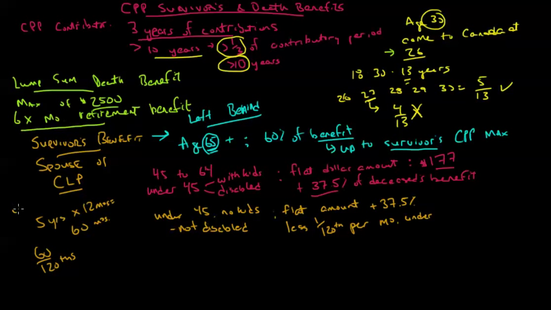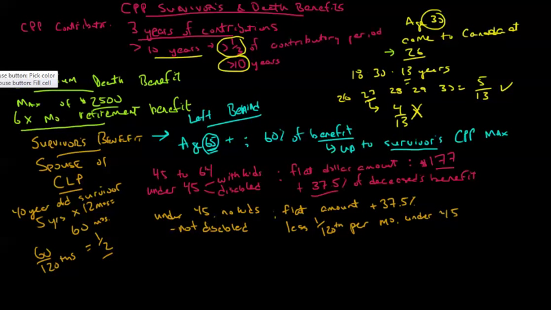So if you leave behind a 40-year-old survivor, then 60 120ths is half. That person is leaving behind half of this flat amount plus 37.5%. So we're going to just look at how much younger than 45 that person is.